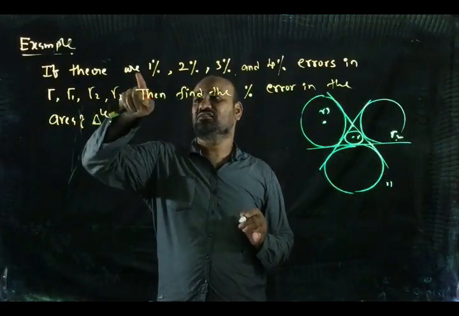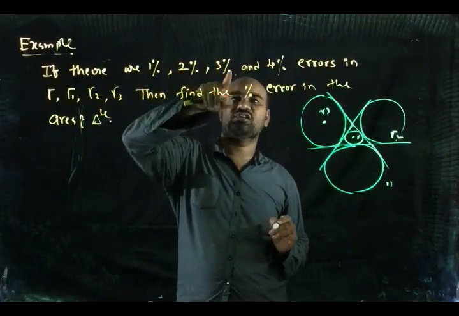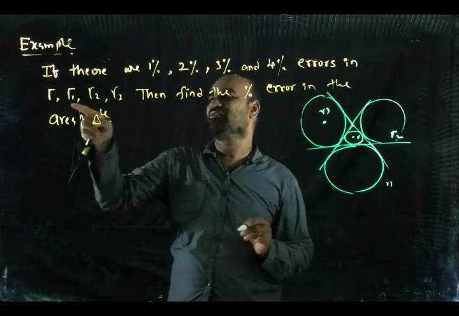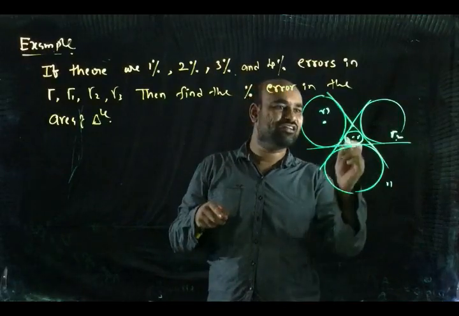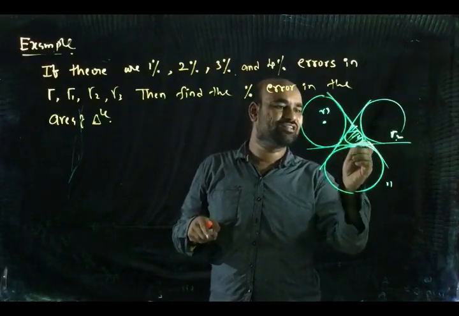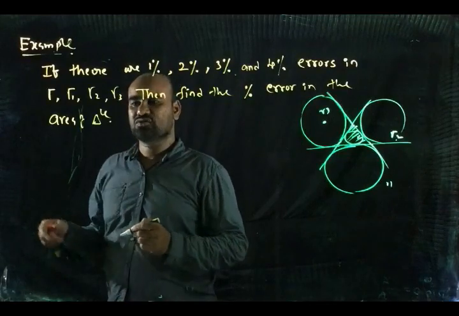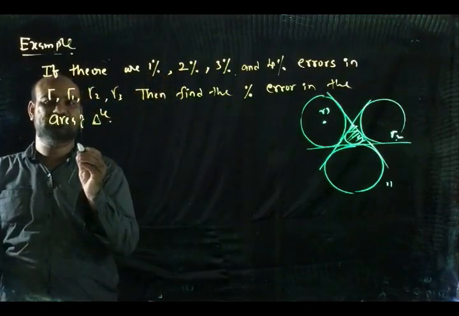So there are errors: 1%, 2%, 3% and 4% errors in r, r1, r2, r3. Then you want to find what is the percentage error in the area of this triangle. Okay, so what is given? What do you want?